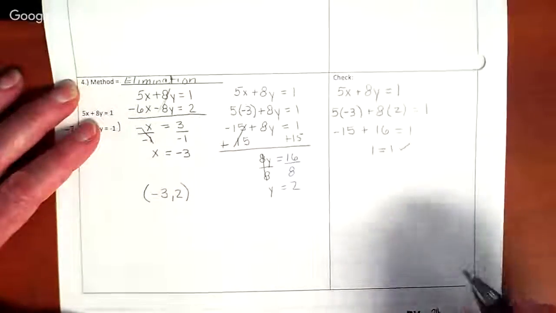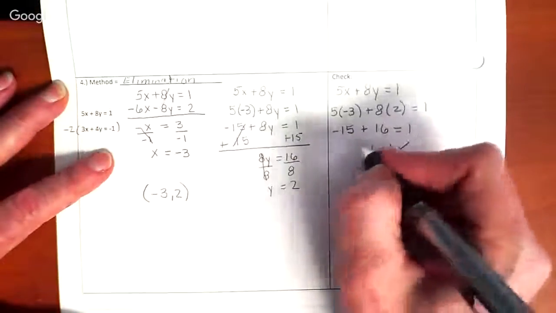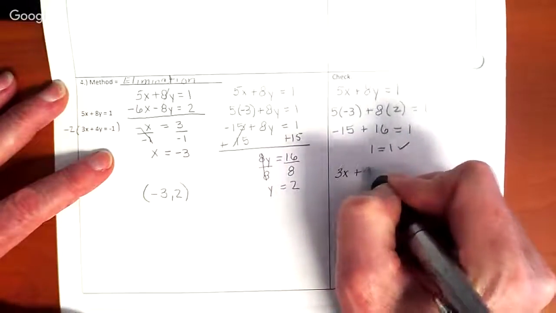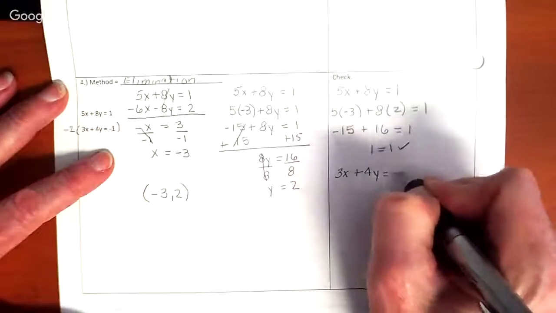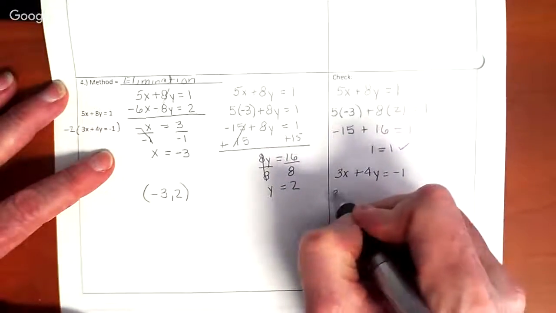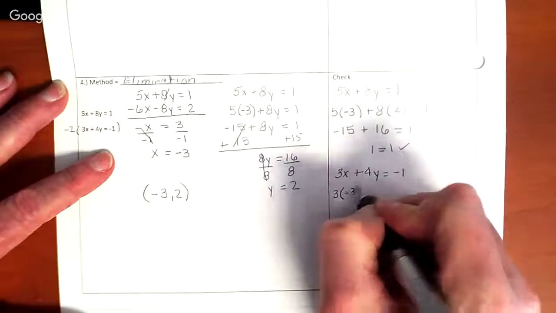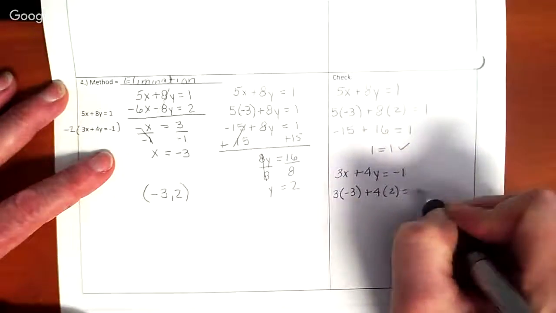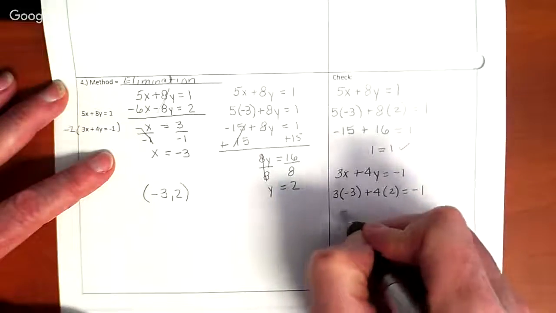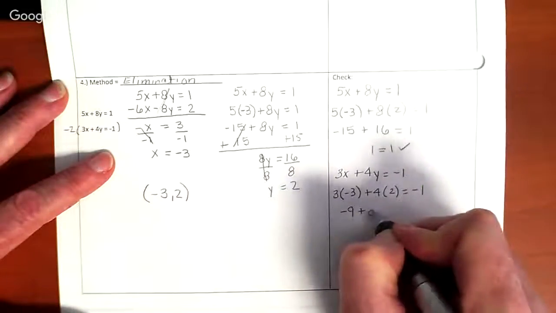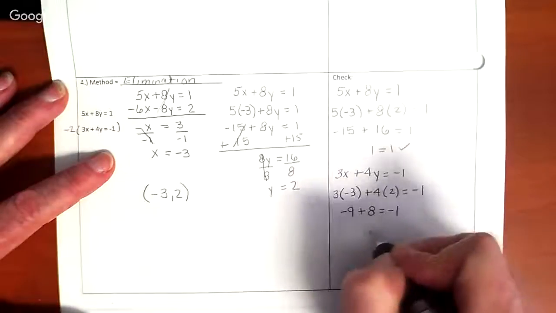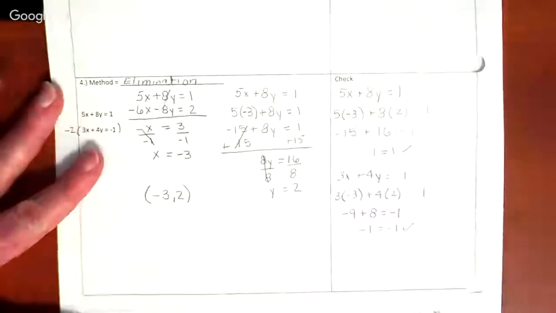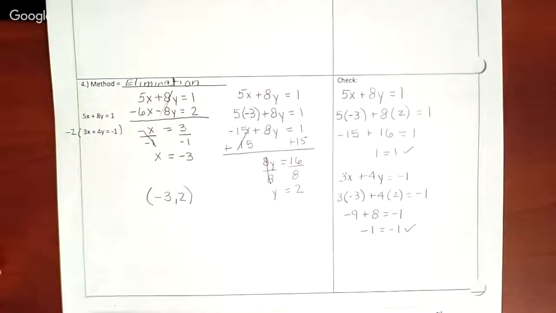And my last one, I have 3x plus 4y equals -1. And I have 3 times -3 plus 4 times 2 equals -1. And I have -9 plus 8 equals -1. And -1 equals -1. And that ends our lesson for today.